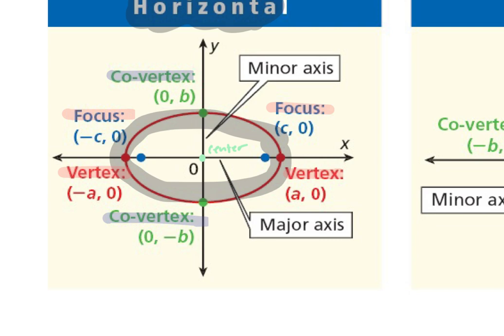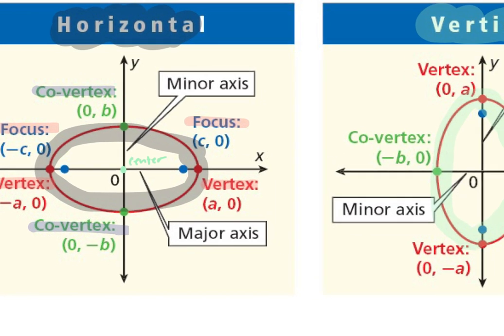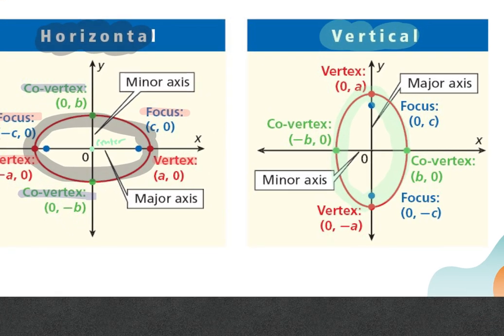So if it's wider than it is tall, then the focus is on that horizontal axis, the same as the vertex. If it's taller than it is wide, which is the one on the right-hand side, so it's vertical, the foci, again, the plural of focus is foci, are on the vertical axis because that's where the vertex is.